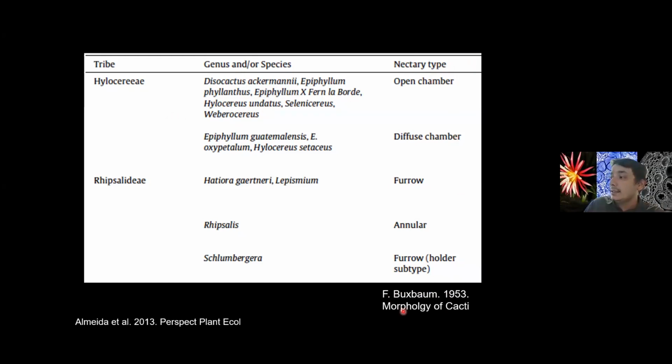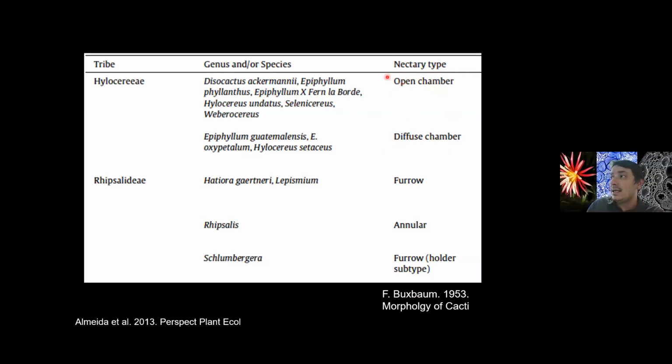In the work of Buxbaum, one of the pioneers in cactus morphology, he classified the different types of nectary, and he separated chamber nectary types into open chamber or diffuse chamber. The difference between the open and the diffuse is the arrangement of the stamens at the top of the tube.